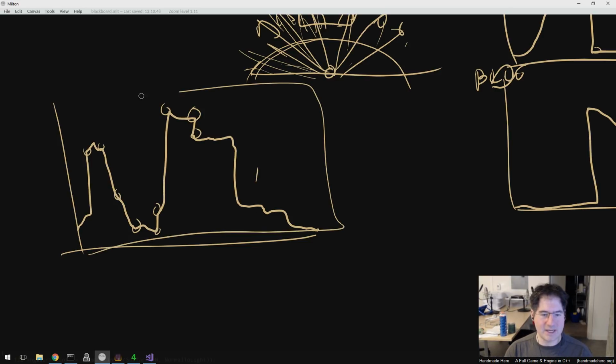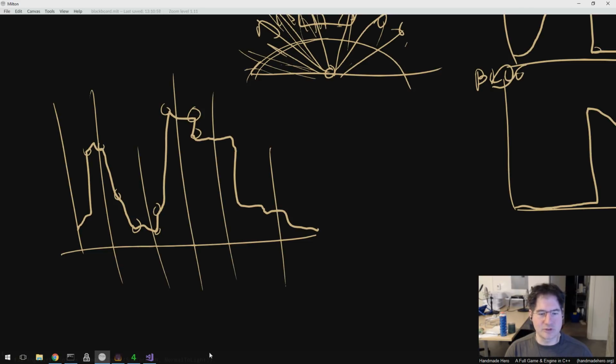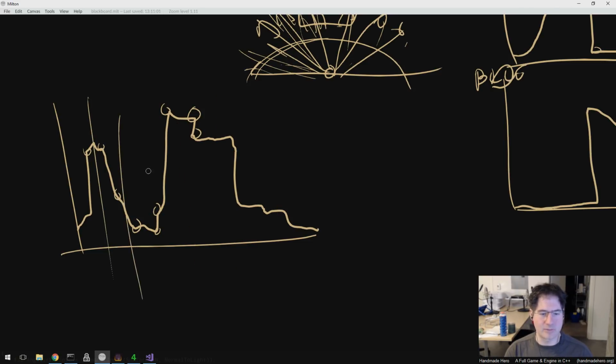And so estimating this function becomes very difficult. Estimating this incoming light amount becomes very difficult. And so if we just do a few samples, even if they're uniform or random, no matter what we do with them, we're likely to not really get the same answer twice in a row.